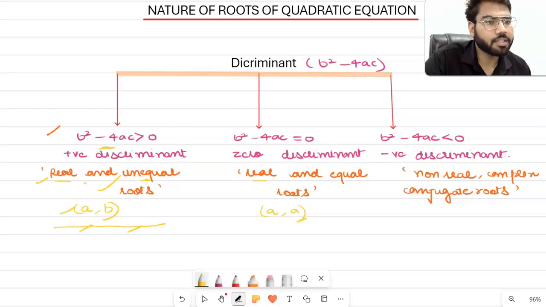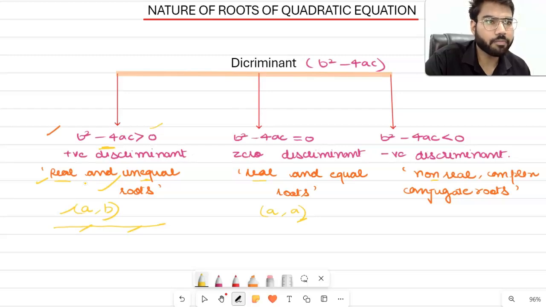And coming to the third case, if b square minus 4ac is less than 0, that means the value of discriminant is negative. In that case, we will have non-real roots or complex conjugate roots. We will discuss these complex conjugate roots, and we have two further cases, whether b square minus 4ac is a perfect square or non-perfect square. We will discuss that as well.